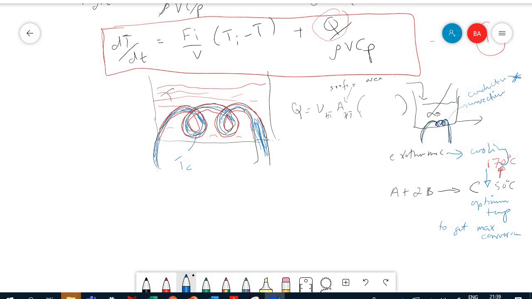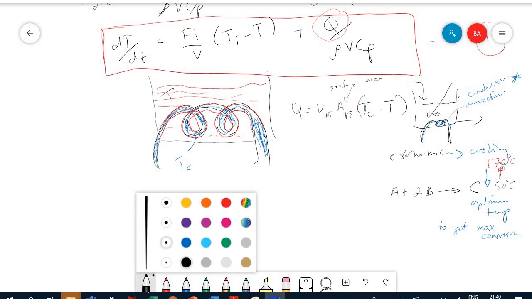What I'm trying to say is, I'm running this energy balance on the tank, and because I'm doing it on the tank, this is what I write here. I write it as TC minus T. So it is the other system minus my system. I'm doing the balance over the tank, so it is TC, which is the other system, minus my tank that I'm running over, which is T. This is the way that I memorize how to write this equation.